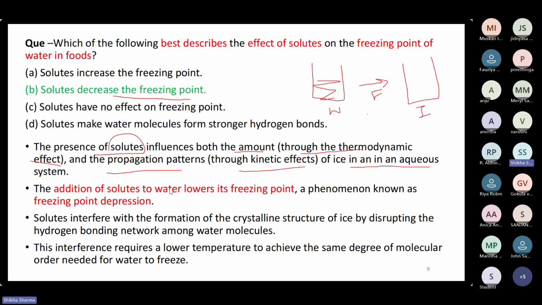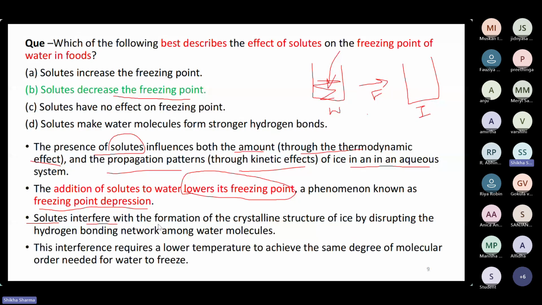If we add solute to this water and compare with pure water, its freezing point is going to be lowered. This phenomenon is well known as freezing point depression.